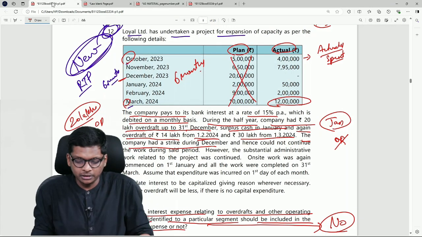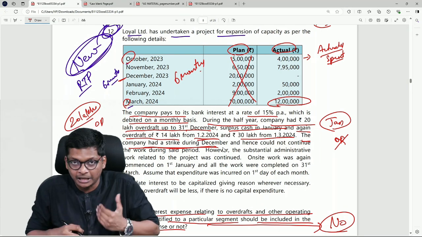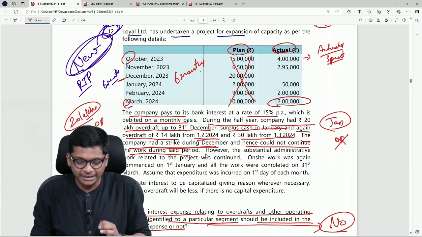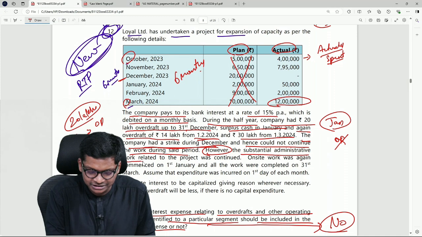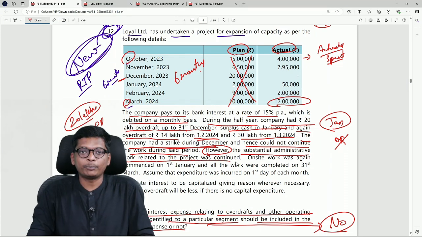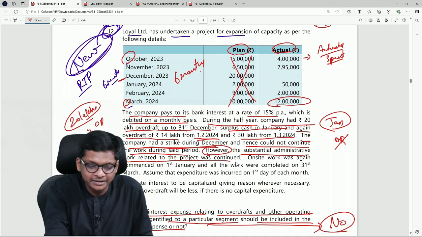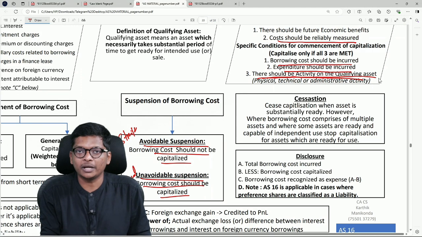So in this question, the company had a strike during December, so normally you should not capitalize, and hence could not continue the work during the said period. However, the substantial administrative work regarding the project had continued. So since admin work, some activity, was going on. Just now we saw there should be activity on the qualifying asset.